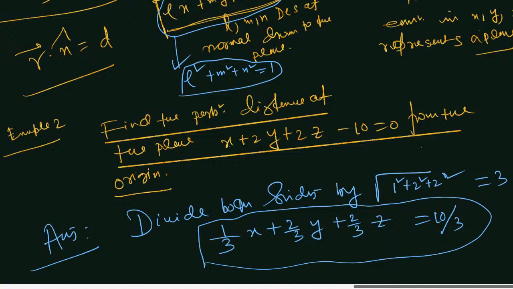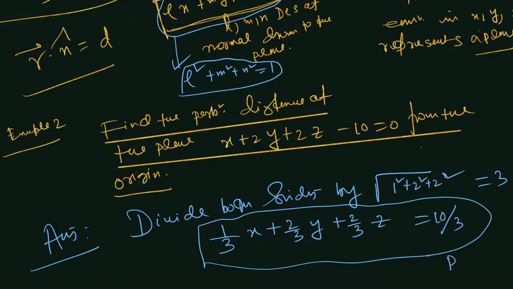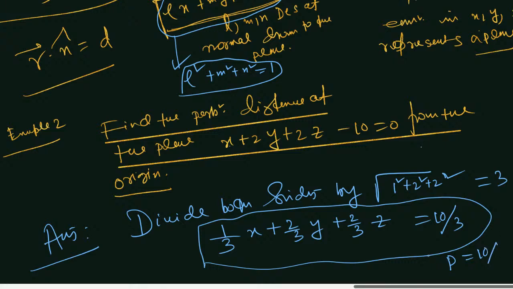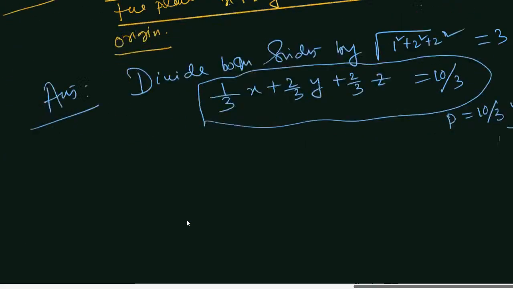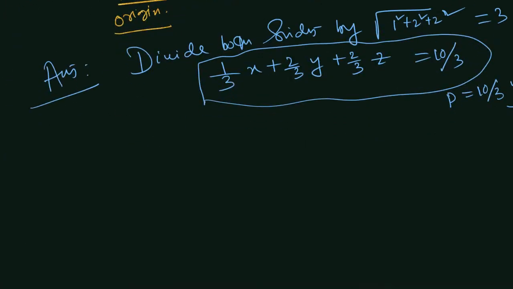The advantage is once you get this form, the right hand side will be p or d, whatever you have stated: 10/3 units. This was the question. Clear? Understood? Let us do one similar problem, because this is a concept building class, isn't it?